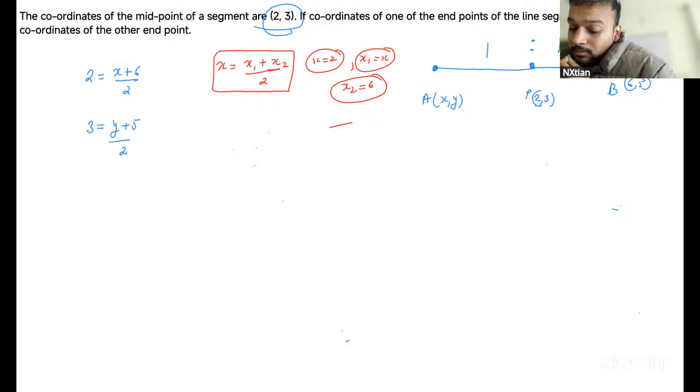Minus 2 comma 1, correct. Okay, please do this question.